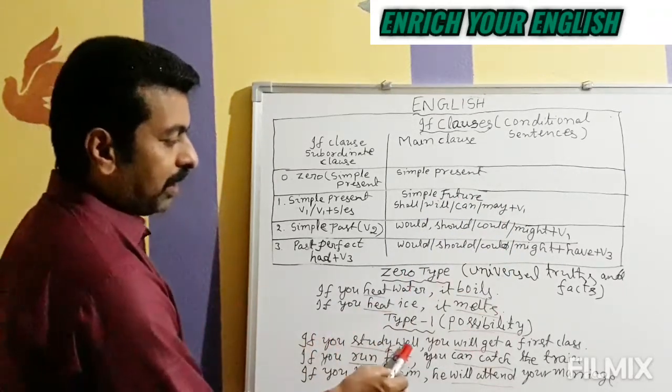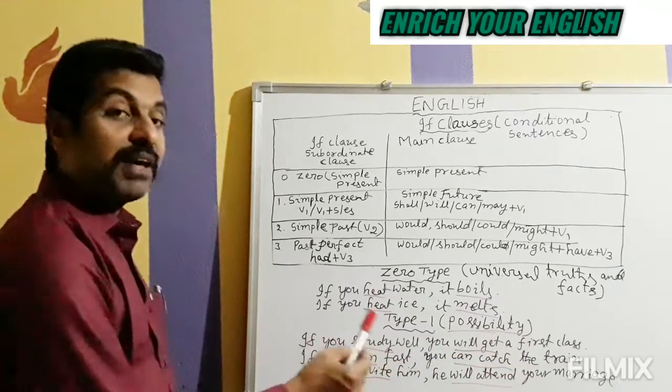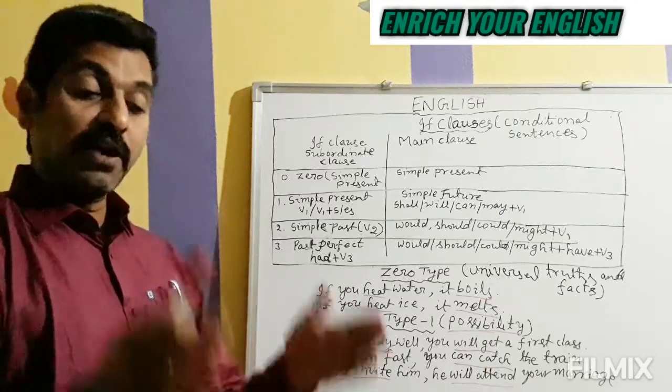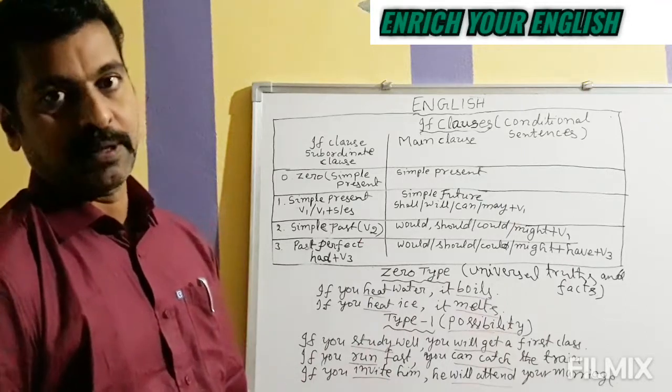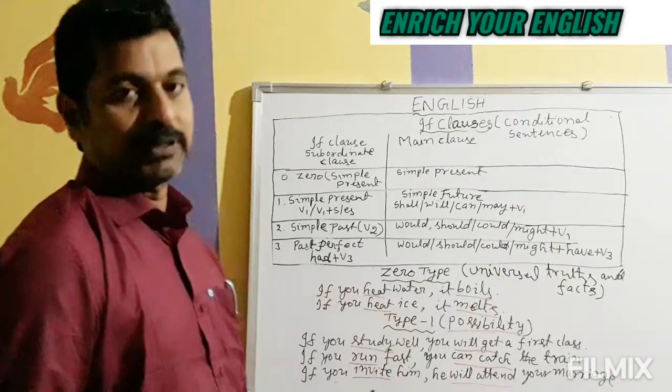If you study well, you will get a first class. Here the if clause puts a condition. The condition is, if you study well, there is a chance of getting the first class. If the first condition happens, the second action happens.